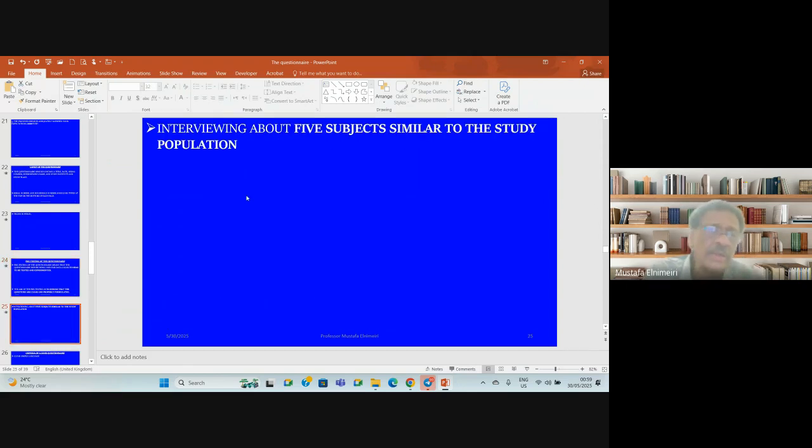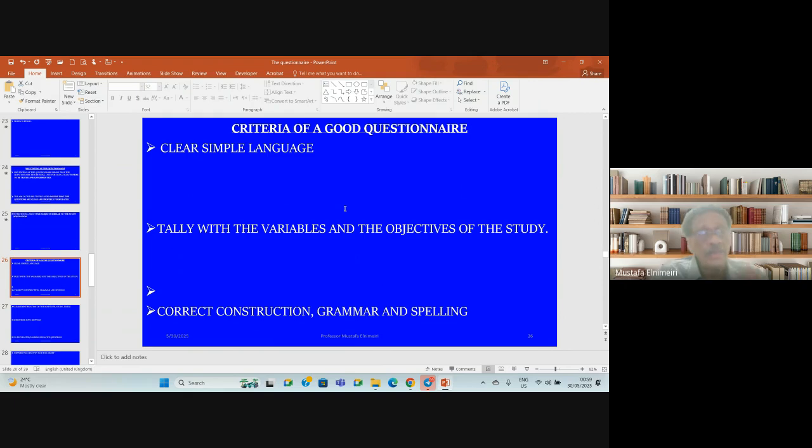We can carry out the pre-testing through interviewing about 5 subjects similar to the study population in a similar area, so that you find out about all the questions in the questionnaire. If they are clear and easily understood, fine; if there are any problems, then you can make the correction, and then you translate it into the language which you would like to use for data collection.